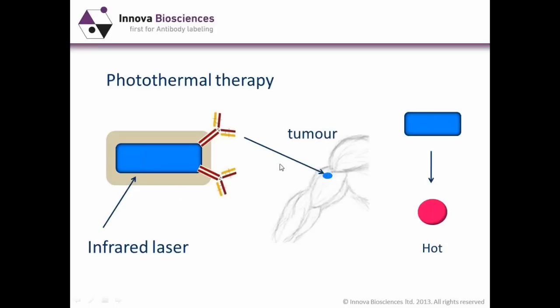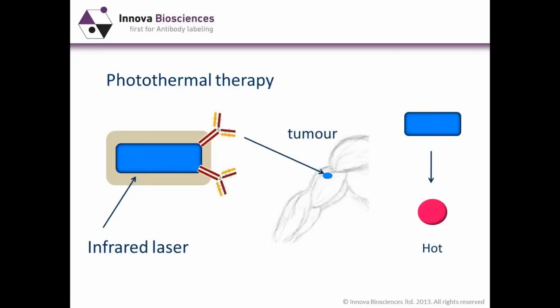And when the conjugate has accumulated in the tumor, which needs to be near the surface, you then use a laser, and the electron cloud around the gold rod absorbs the energy from the laser, and you can get incredible temperatures. In fact, the rods can actually melt, and obviously in a molten form they turn into spheres, so the heat generated essentially kills the tumor.